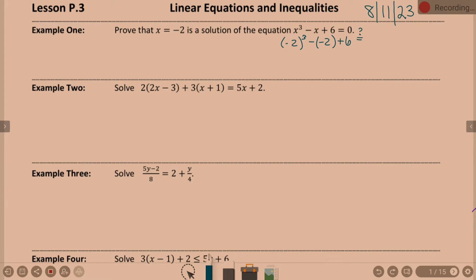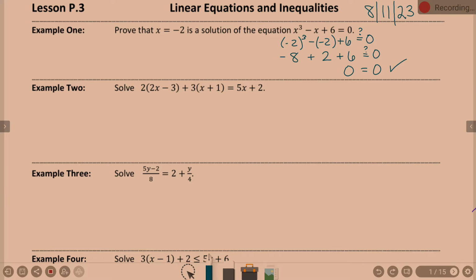And I put a question mark, like, does it equal 0? Negative 2 to the third is going to be negative 8 minus negative 2, plus 2, plus 6. Oh my goodness, it works. Negative 8 plus 2 is negative 6. Negative 6 plus 6 is 0. We come up with the statement 0 equals 0, so that means it is a solution.